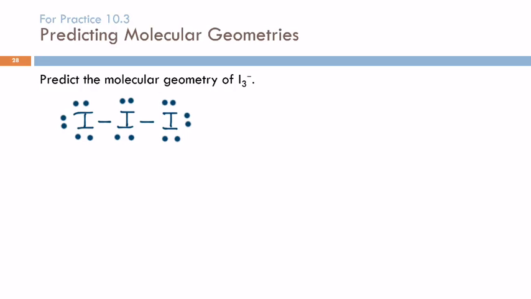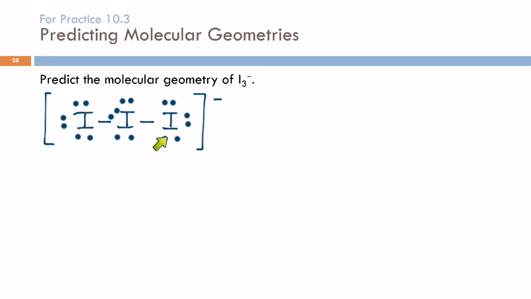Where should I put the extras? Maybe the center. Let's try the center. So let's check formal charges. Oh, and we should probably finish this off by putting brackets and a negative sign. So this iodine atom, iodines have 7 valence electrons, and in this molecule, if we broke all the bonds in half, it would have 1, 2, 3, 4, 5, 6, 7. So this has 0 formal charge.